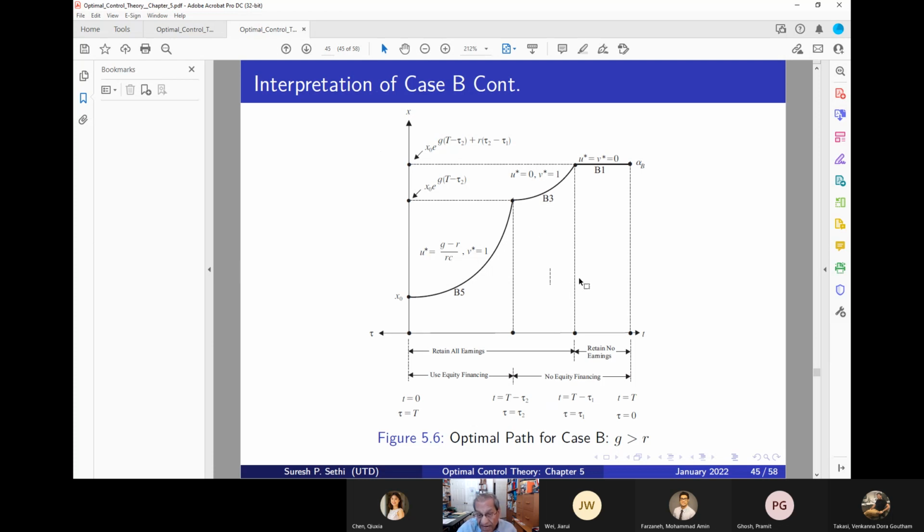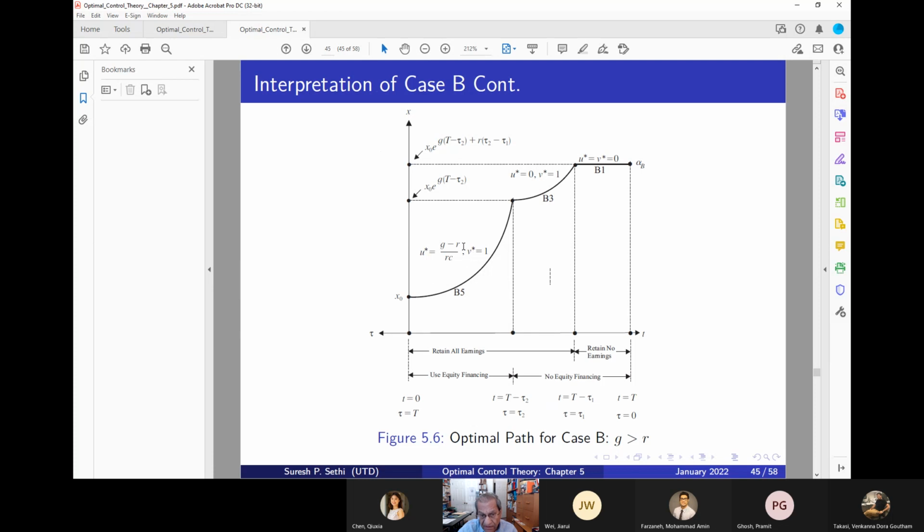And the model says that I should not use external equity until tau 2, this way. And then I come to this point. As you can see what's going on here, I will still retain earnings, all of it, but that only will give me the growth rate of R. But now I bring in a little bit more money from outside investors to make up for this difference.